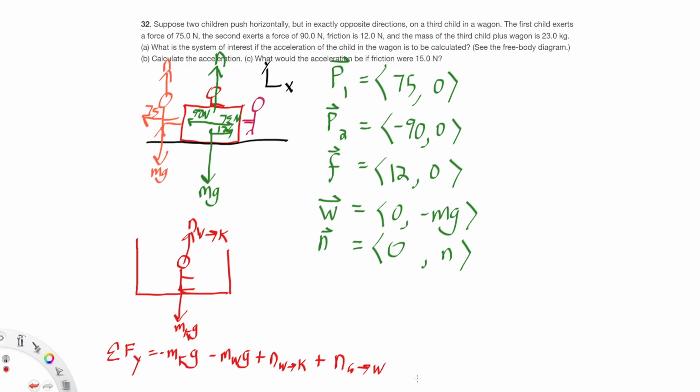This actually gives us an indication of maybe one change we should be making to how we write down Newton's second law.